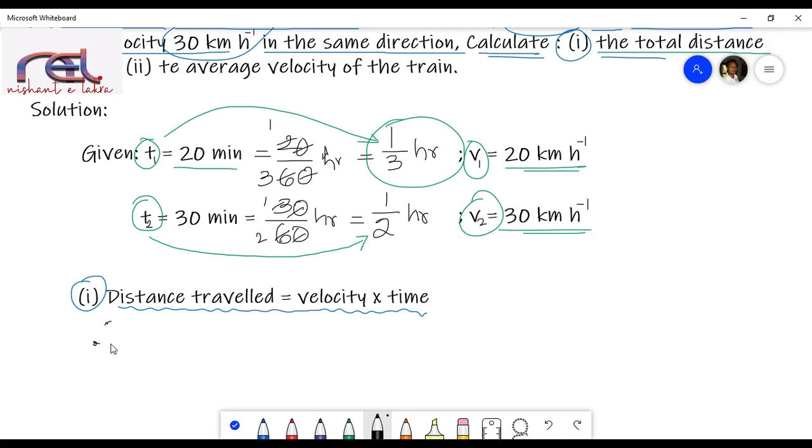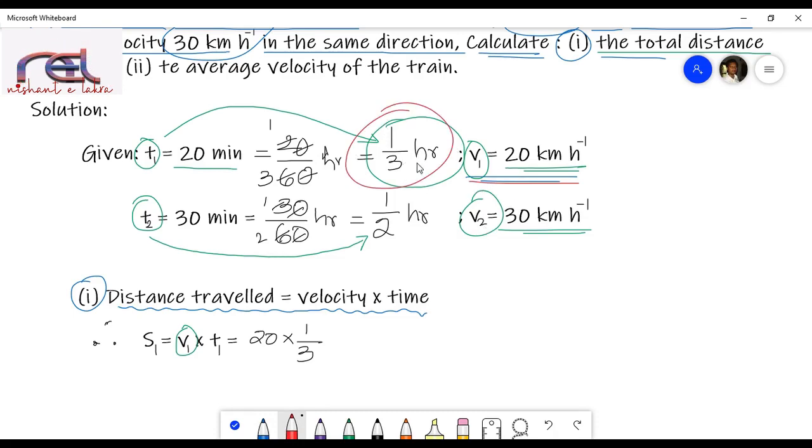Therefore, for the first phase, S1, let's say distance 1, is equal to v1 into t1. Now when we replace the values, your v1 is 20 km per hour and t1 is 1 by 3.